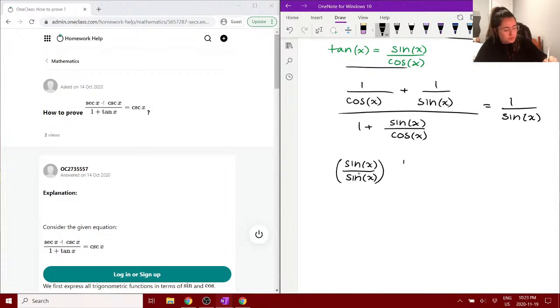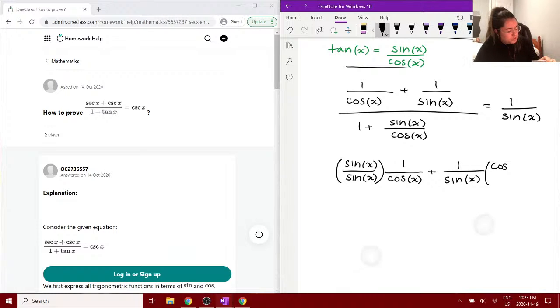That's why we're allowed to multiply it, right? And now the right-hand fraction here, we will multiply that by cos x over cos x.